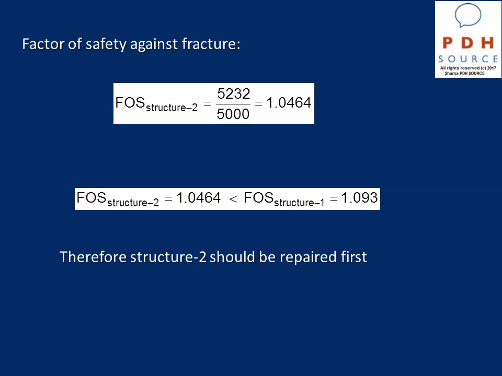When I compare this factor of safety for structure number 2, I find that the 1.0464 is less than the factor of safety of structure number 1, which had 1.093. Therefore, structure number 2 is more critical, although the flaw is a surface flaw, not a through-thickness crack flaw like the other structure.